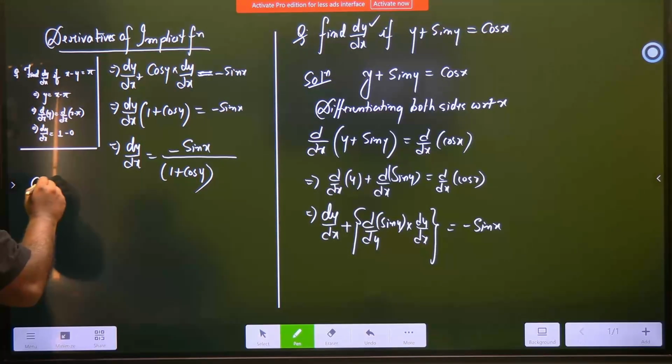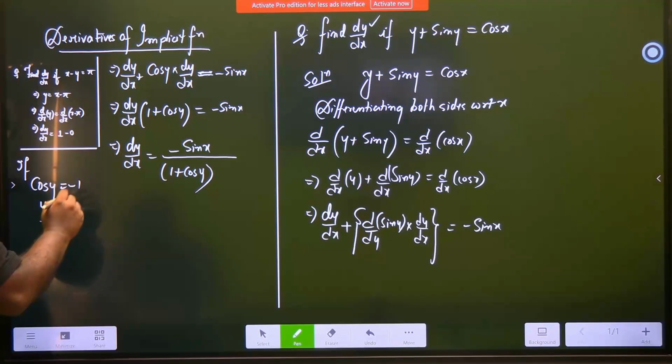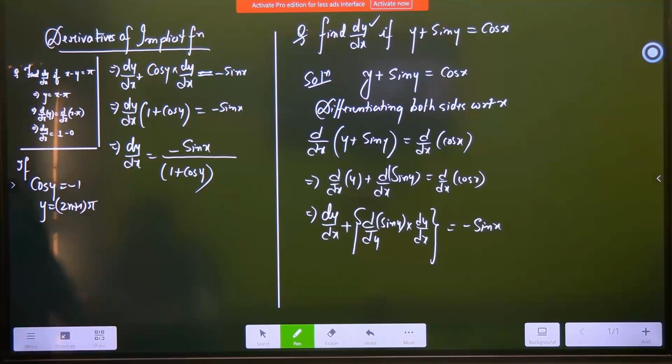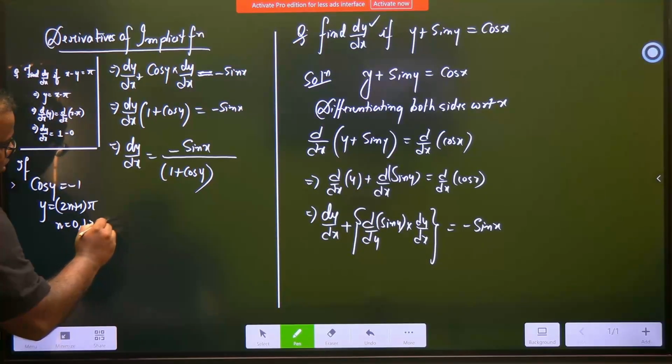So if cos y is equal to negative 1, that means y should be equal to (2n plus 1) times pi. Just see, at every odd multiple of pi, cos becomes negative 1, where n is equal to 0, 1, 2 and so on.